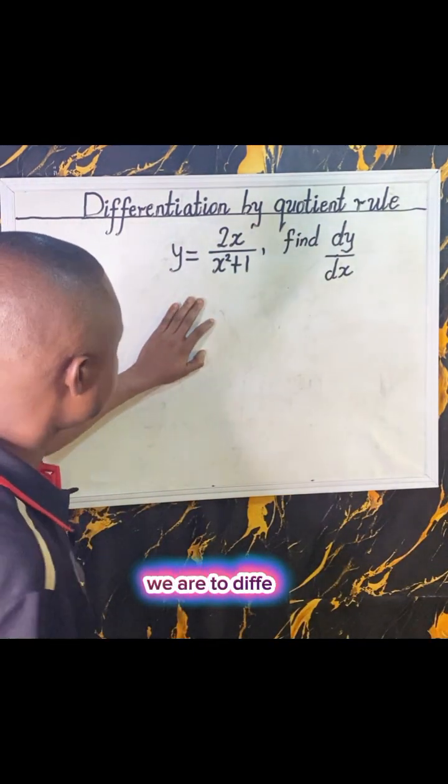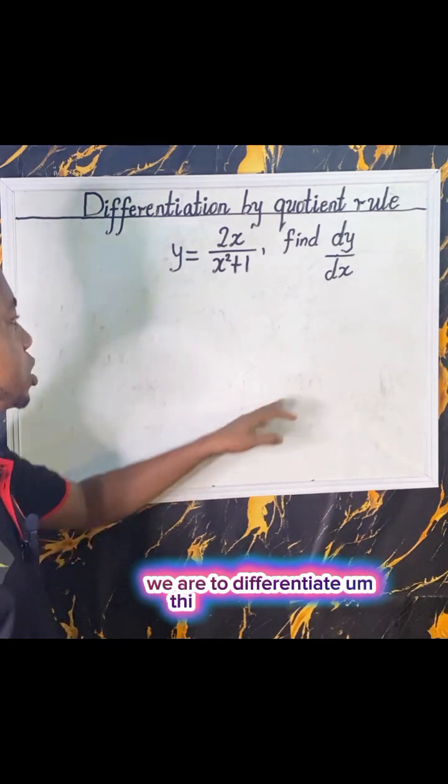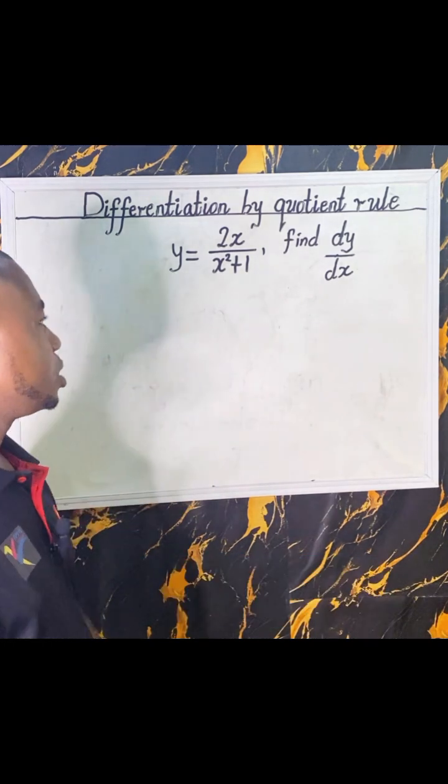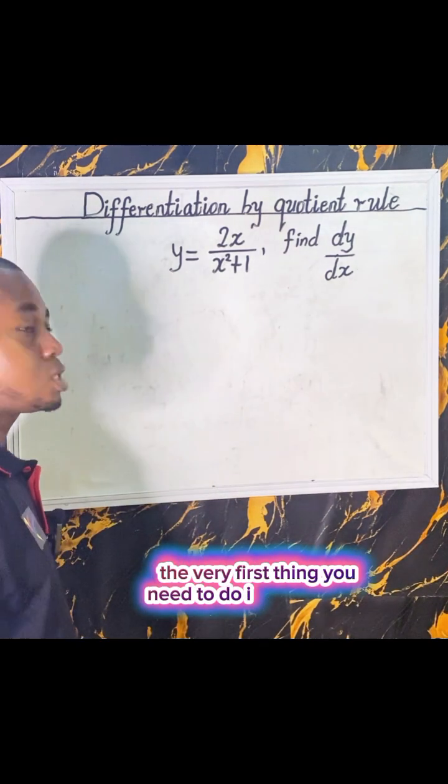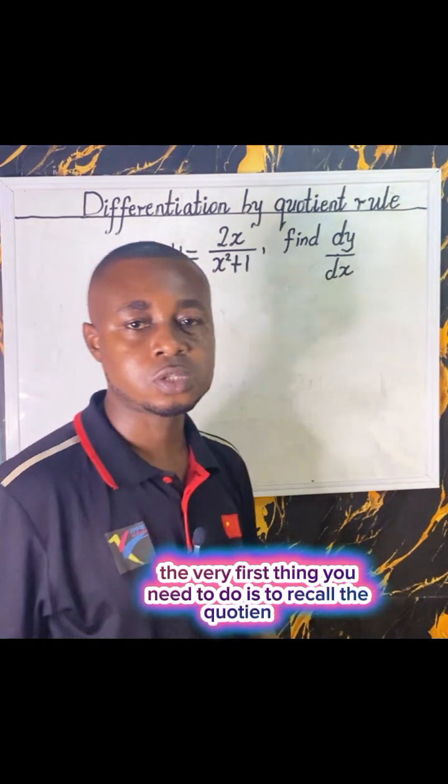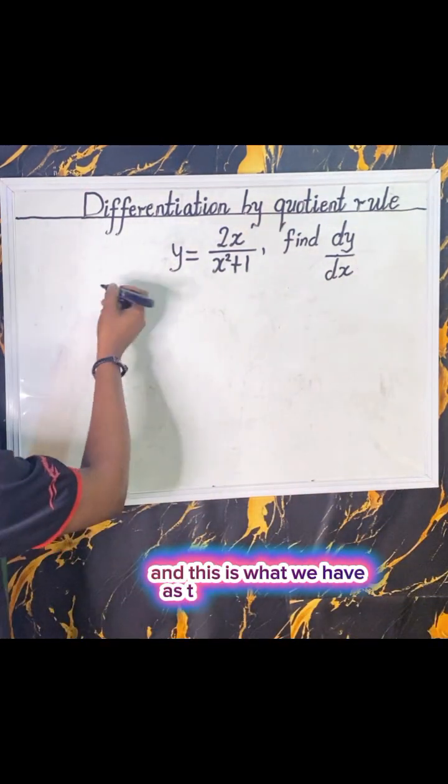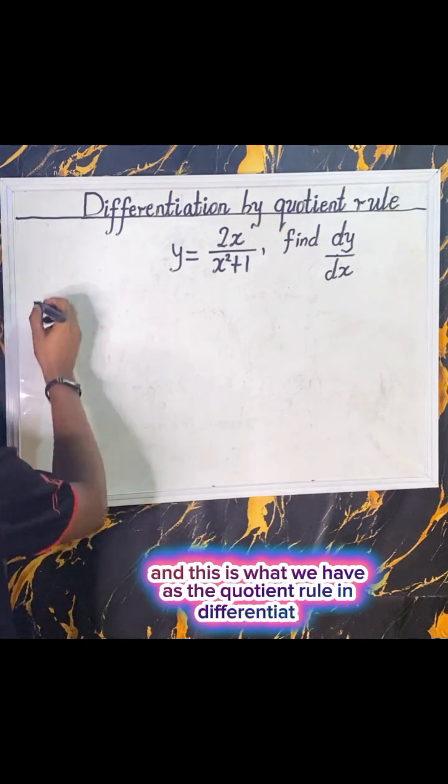We have to differentiate this with respect to x. The very first thing you need to do is to recall the quotient rule. And this is what we have as the quotient rule in differentiation.